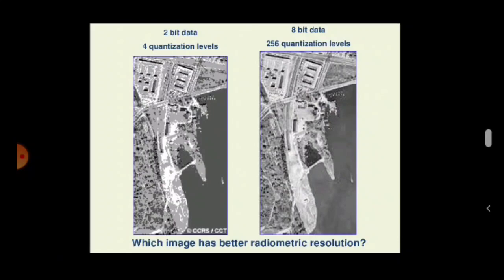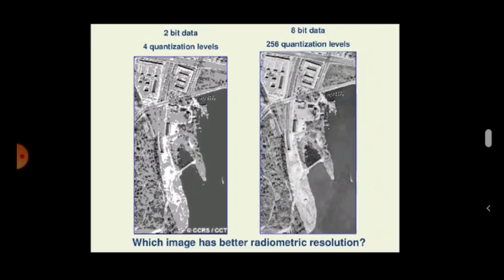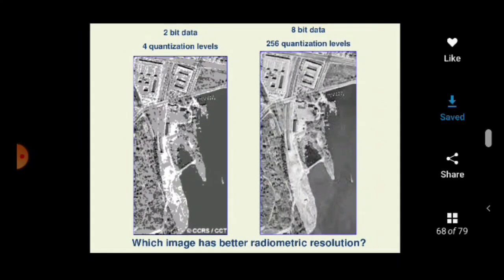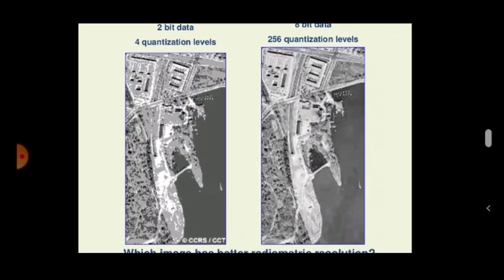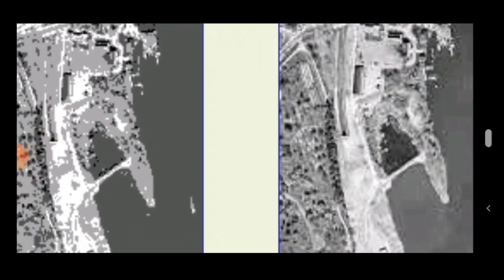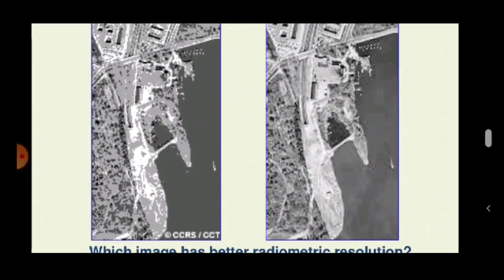So 2-bit data is here. So for quantization levels, 8-bit data has 256 quantization levels. So it's much clearer than this 2-bit image.